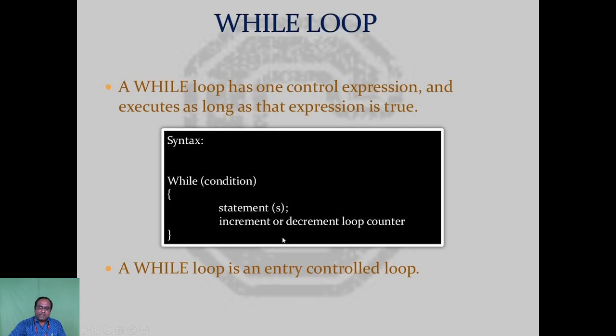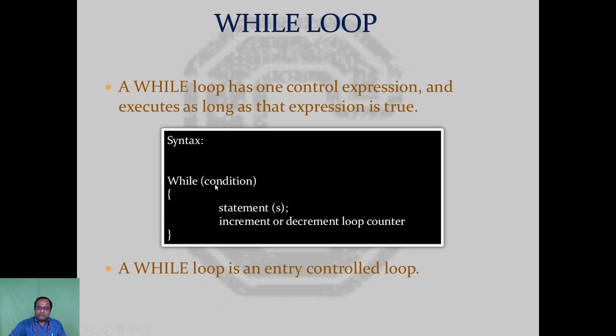After that it will perform the increment operation, and this while loop is called an entry control loop. Entry control loop means the condition will be checked first, and after that the statement will be executed. Until the condition is satisfied, the statement will be executed repeatedly.